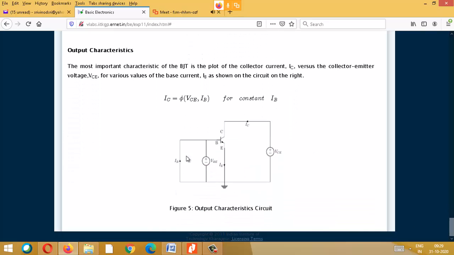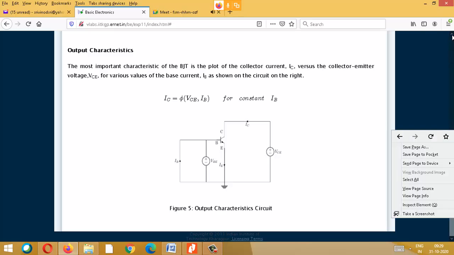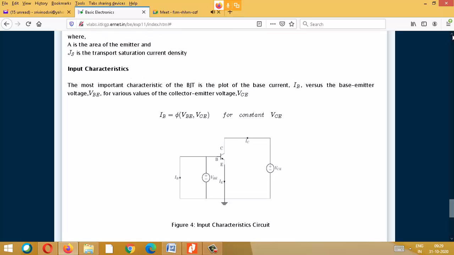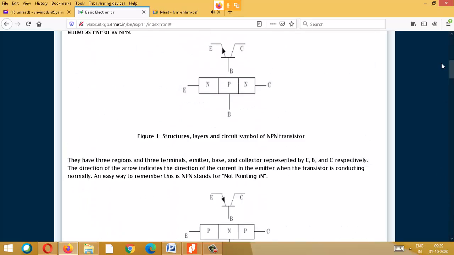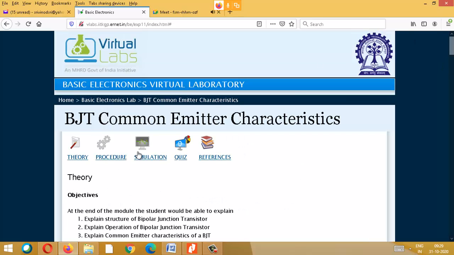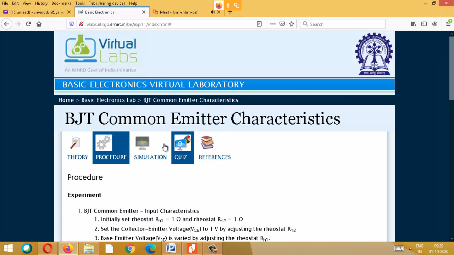So I keep IB at a particular value, then change your output voltage and see what your collector current is. This is what we are going to see today. The first step is to configure your transistor in common emitter. So let us go to the procedure for doing the experiment.